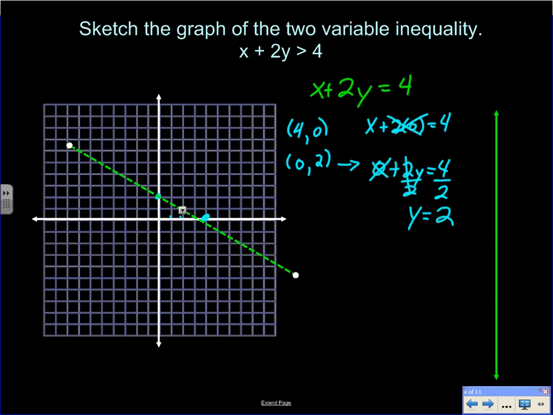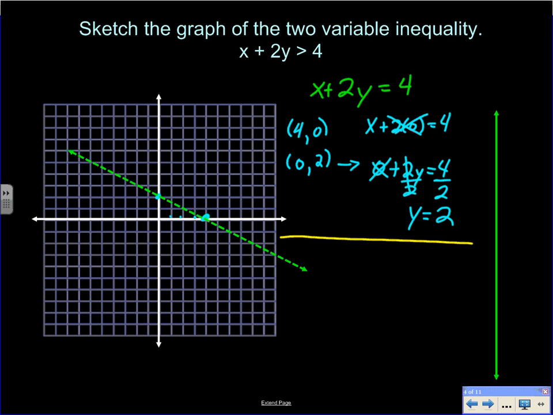I think I'm going to get better at putting this line on the graph for you. Here we go. Okay, so we have the line graphed. Dashed line through those 2 points.